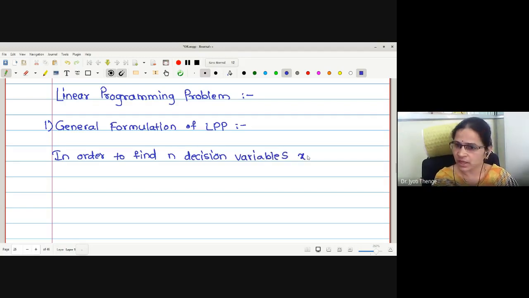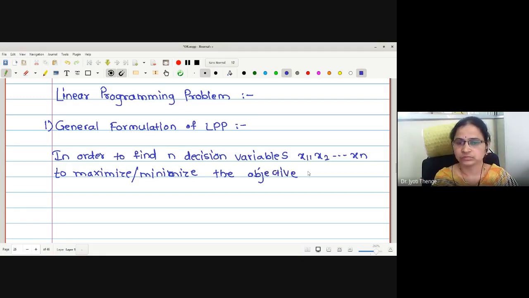Decision variables x1, x2 up to xn to maximize or minimize the objective function z equal to c1x1 plus c2x2 plus so on up to cnxn.